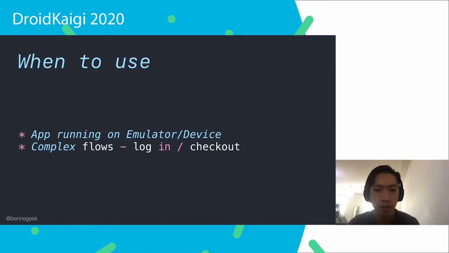Or if you have a checkout page, for example, if you're buying something in a shop, then you can use integration test. Another good use for integration test is if you want to measure performance of your app. So for example, for your movie tracker application, you have a list of movies that you've watched. If it's a really long list, you still want to verify if the user can scroll through the list without it lagging or without it hanging.